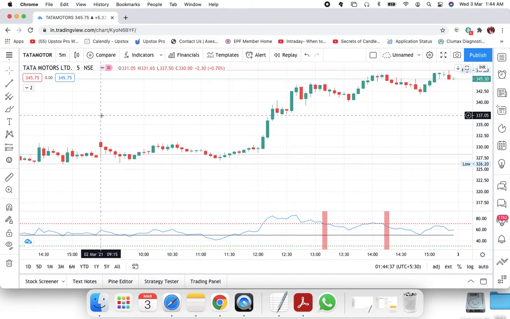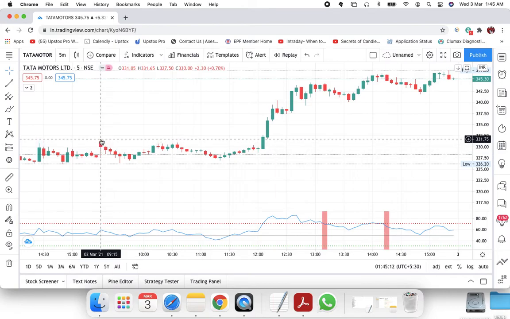Say for example, this 9:15 candle, the very first candle's price action. On the top side, the O represents open. It opened at 331.05, and the high is 331.65, and then low is 327.5, and it closed at 330.